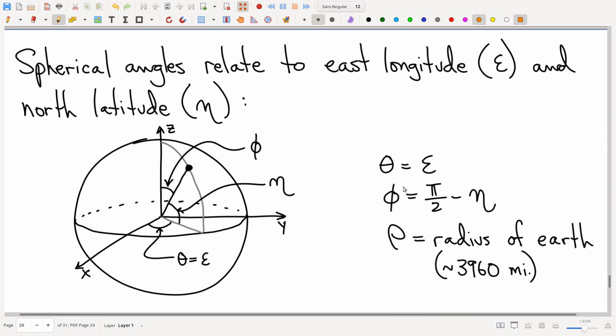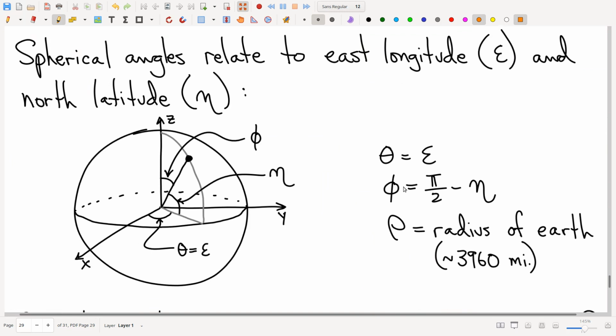Okay, so moving along, I think this is a neat observation, that is that the spherical coordinate angles are almost, not quite, but almost exactly longitude and latitude on the surface of the Earth.